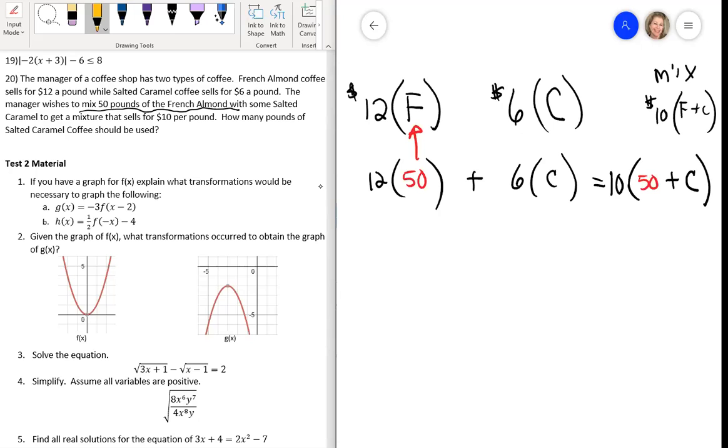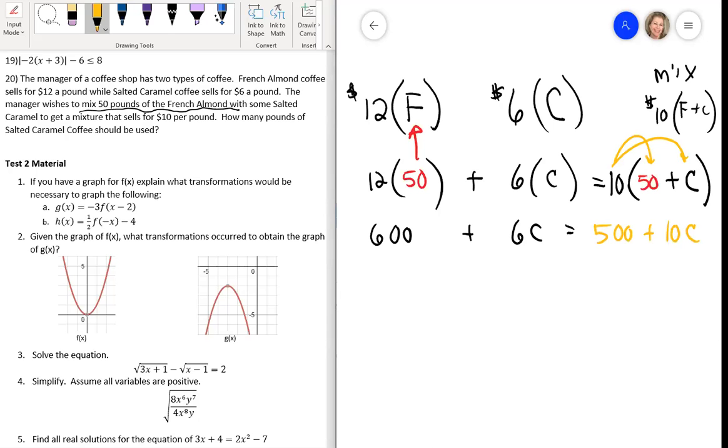Okay. So let's see, what's 12 times 50? That is 600, I believe, plus 6C. Then I would distribute the 10 over here, and I'd get 500 plus 10C.